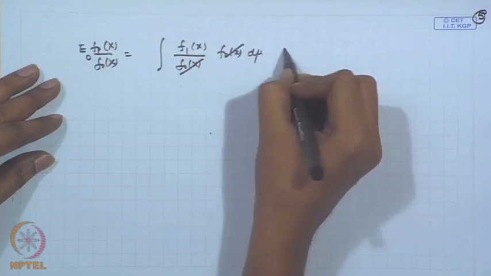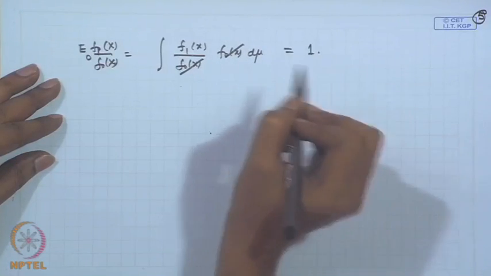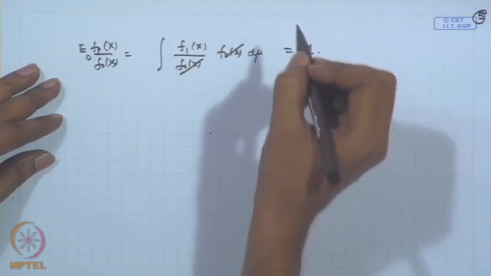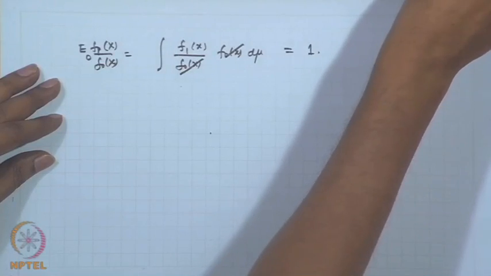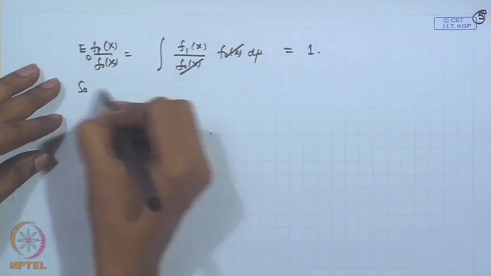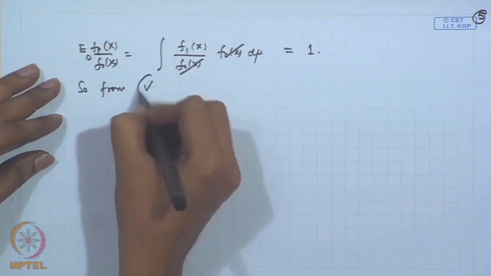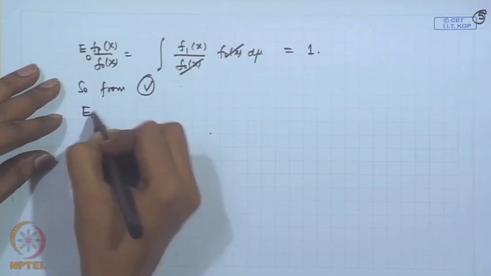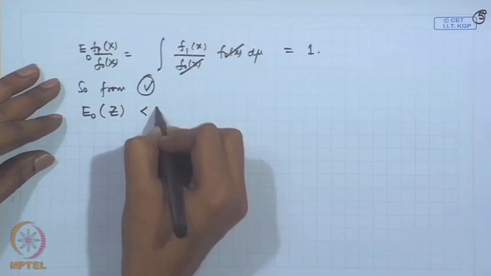Now, this cancels out. So, you get 1. So, this log of this actually becomes 0. So, expectation of z under H naught is less than 0.